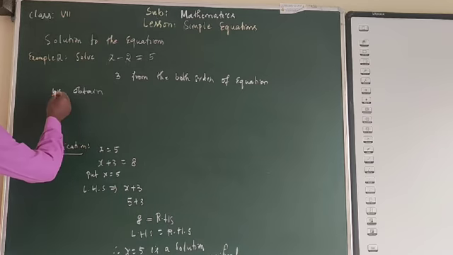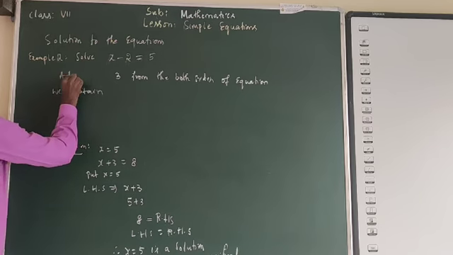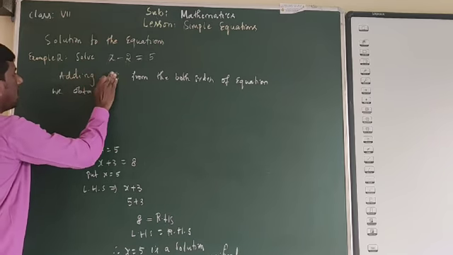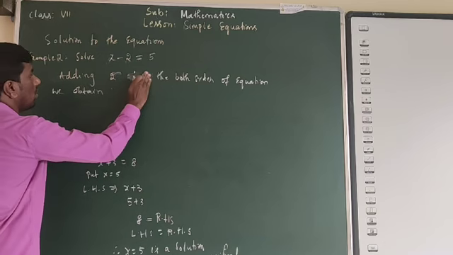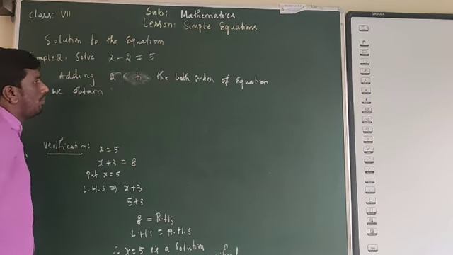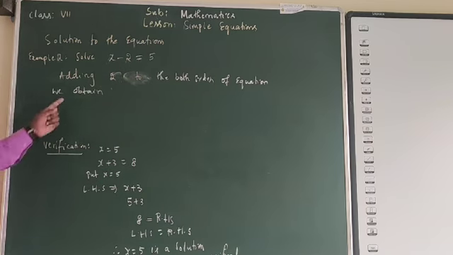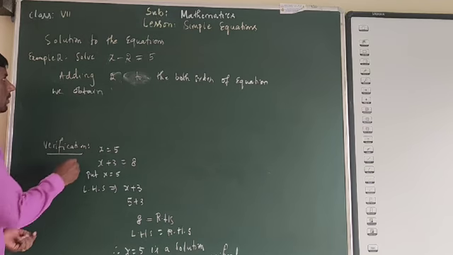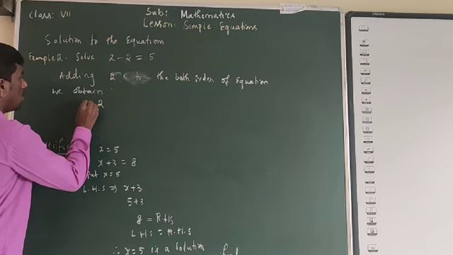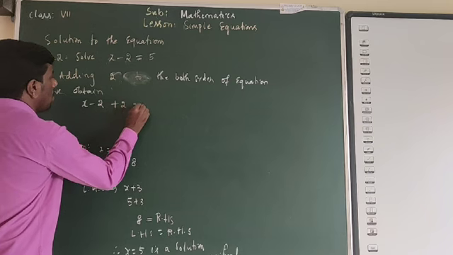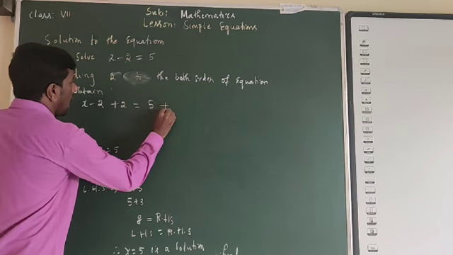Okay, so adding 2 to both sides of the equation, what do we obtain? x minus 2 plus 2 is equal to 5 plus 2.